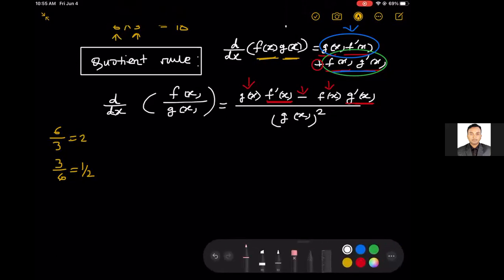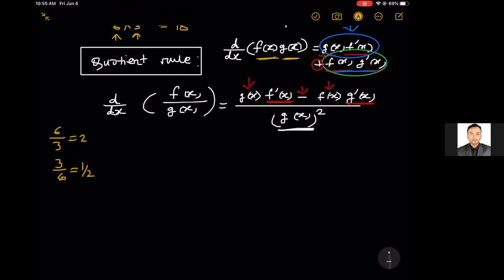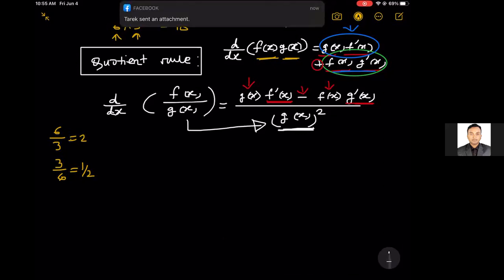We'll just have the square of the denominator, nothing else. This way you can remember these two rules simultaneously and not mix them up.